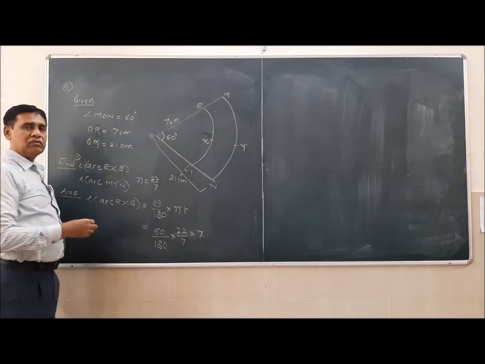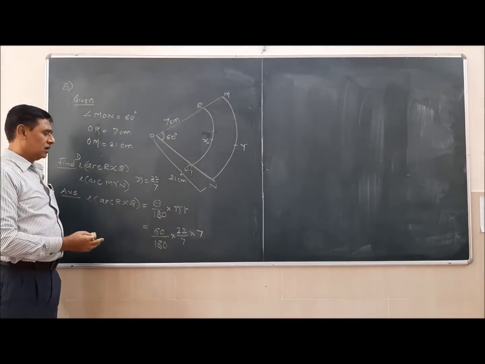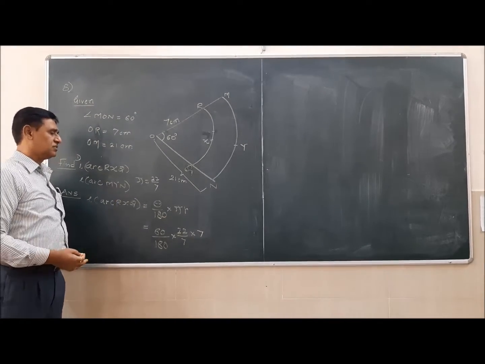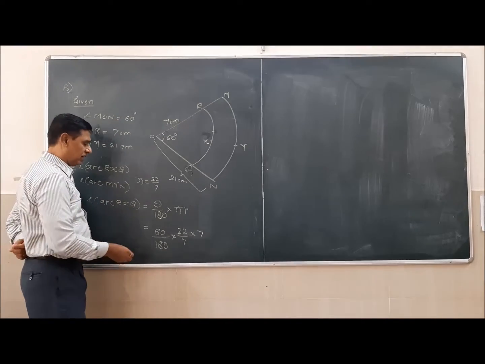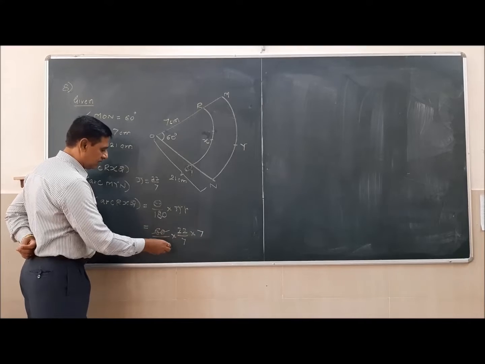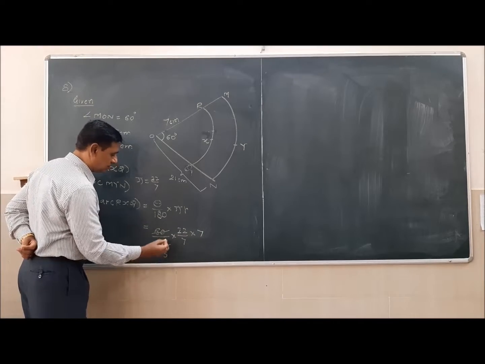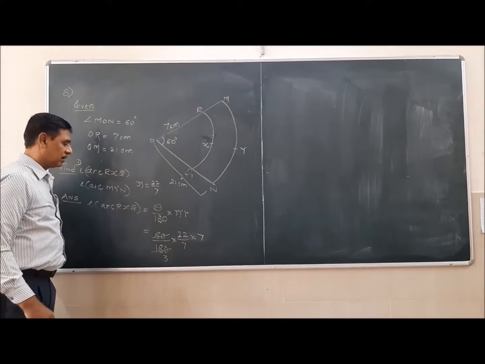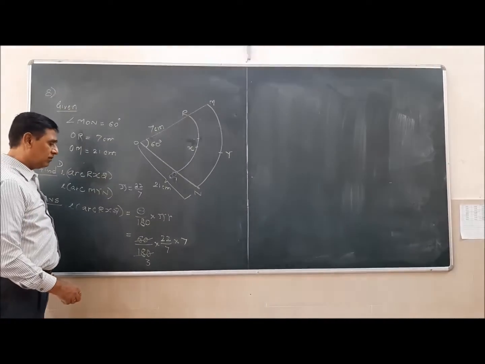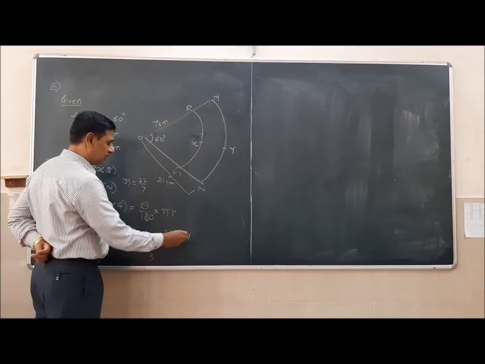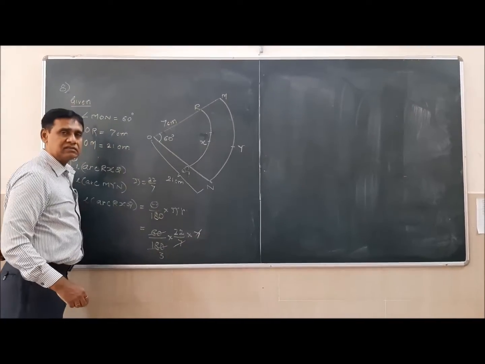I substitute the values of theta, pi and r. Naturally you will find 60 threes are 180. Please try to understand, 60 threes are 180 straight away. Then you will find 7 and 7 also get cancelled.